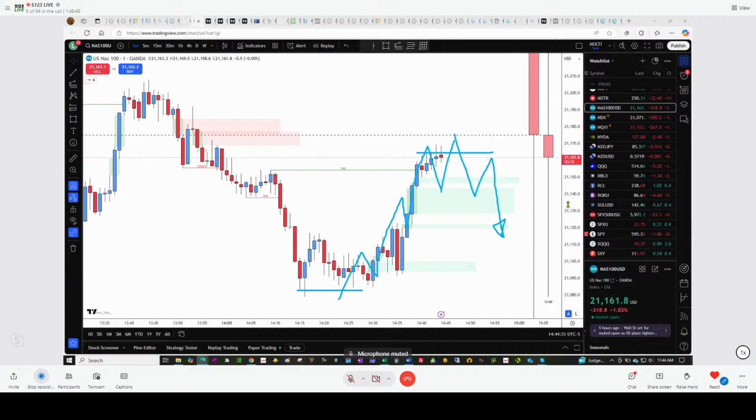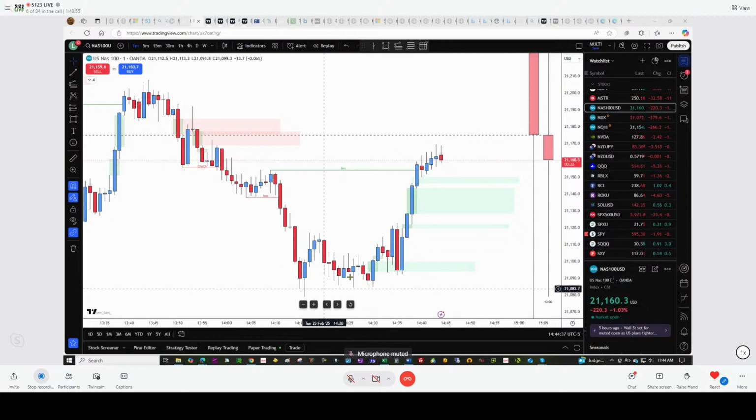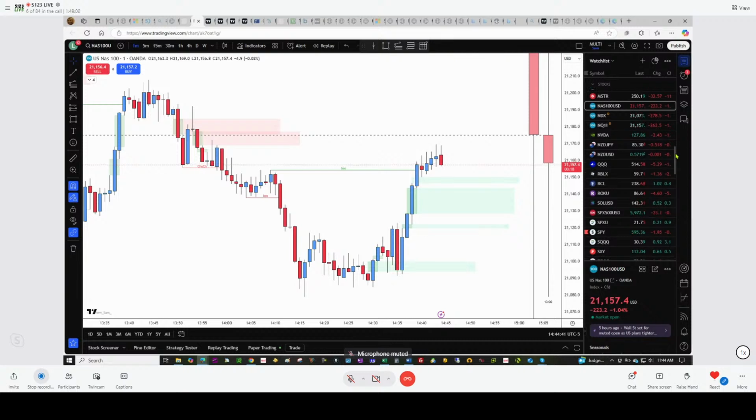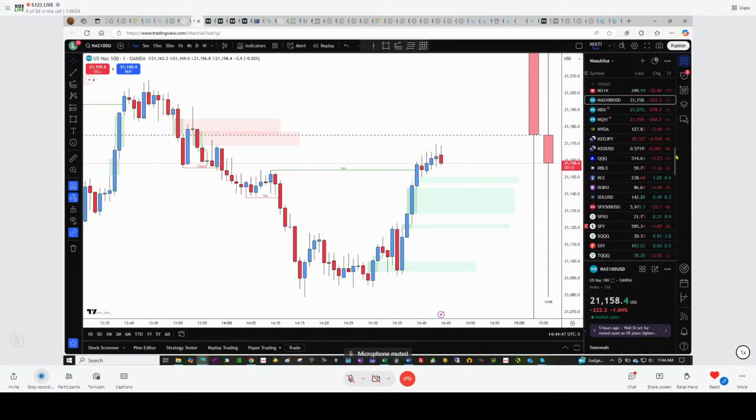Either way, we got to be close to a top movement. The difference with Tesla and the NAS is that there was no sweep on the NAS at the bottom compared to Tesla. Tesla did a sweep.